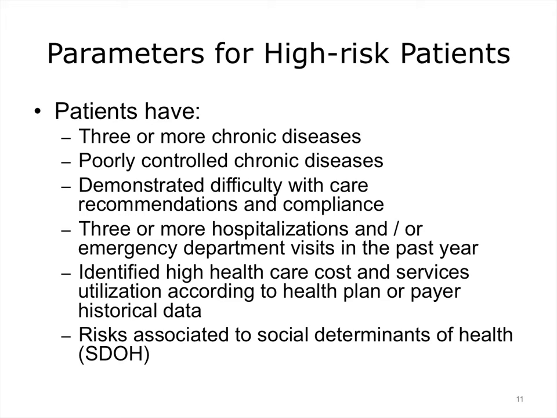High-risk patients have 3 or more chronic diseases, poorly controlled chronic diseases, demonstrated difficulty with care recommendations and compliance, 3 or more hospitalizations and/or emergency department visits in the past year, identified high healthcare cost and services utilization according to health plan or payer historical data, risk associated to social determinants of health, SDOH.